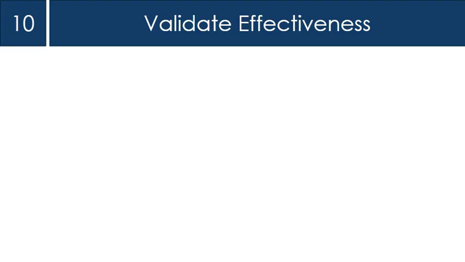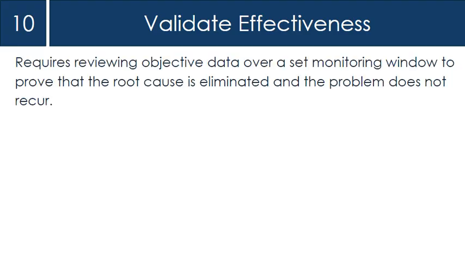Step 10. Validate effectiveness. Validating the effectiveness of a corrective and preventive action plan requires reviewing objective data over a set monitoring window to prove that the root cause is eliminated and the problem does not recur. Effectiveness validation asks, did the action solve the problem? This is one of the most important stages of the corrective and preventive action process.